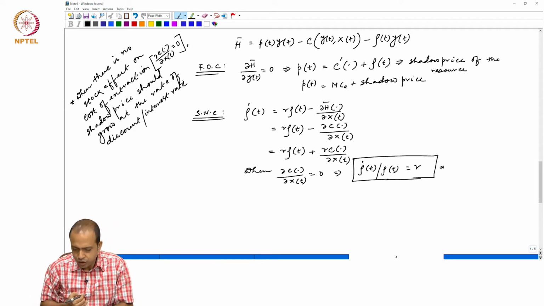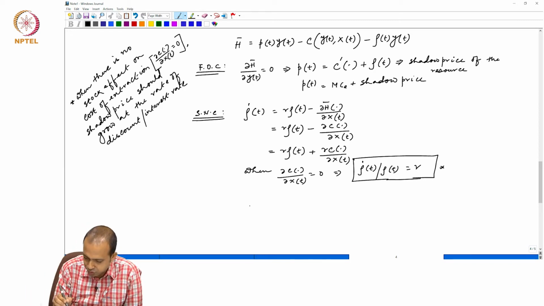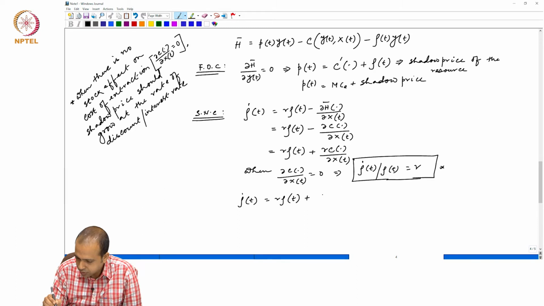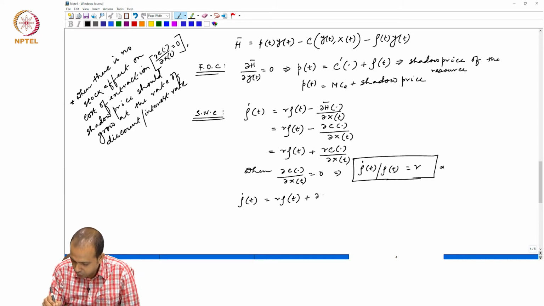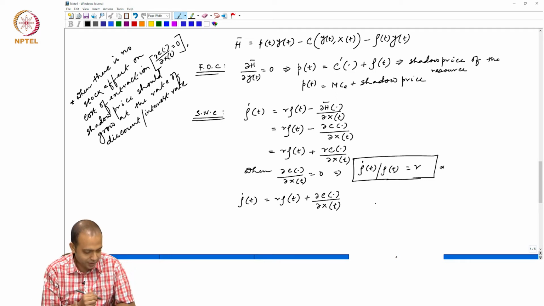All right. Now, this condition rho dot T equals to R into rho T plus del C del x t, this we need to again examine. This condition we need to analyze.